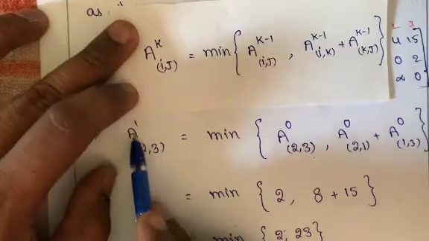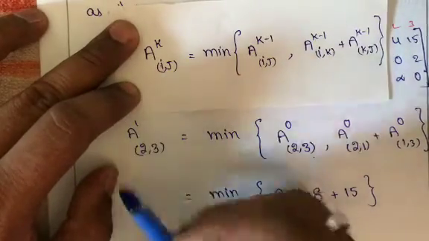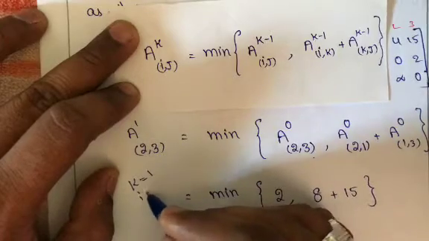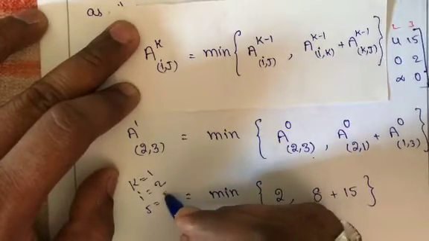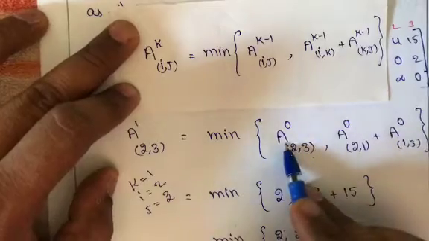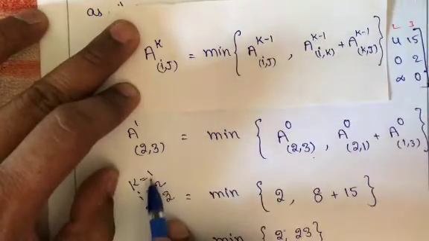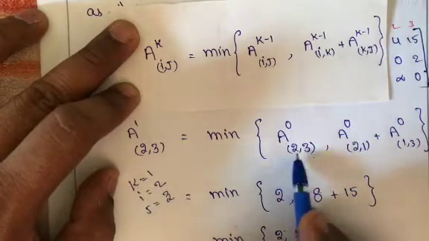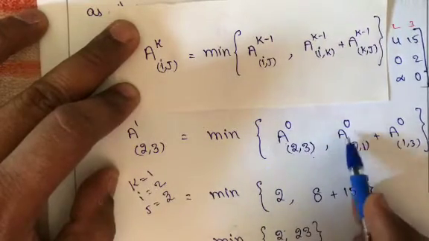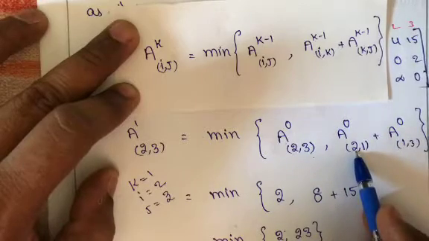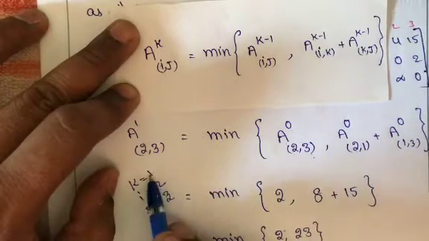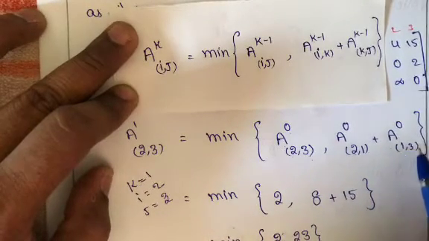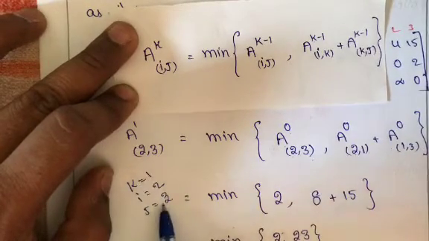So based on that, here k value is equal to 1, and i is equal to 2 and j is equal to 3. So here, k minus 1 is 1 minus 1 becomes 0. i comma j is 2 comma 3, so A0. Here i comma k, so 2 comma 1, and here A0 of k comma j, so that is 1 comma 3.